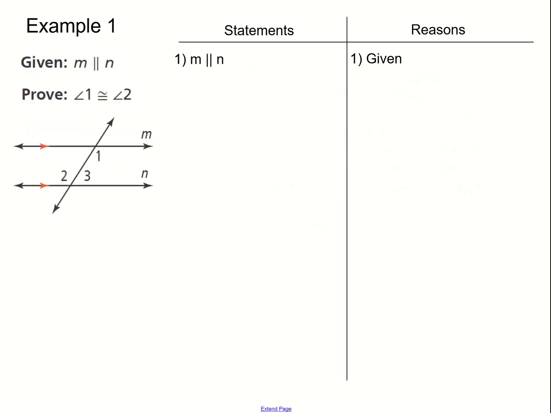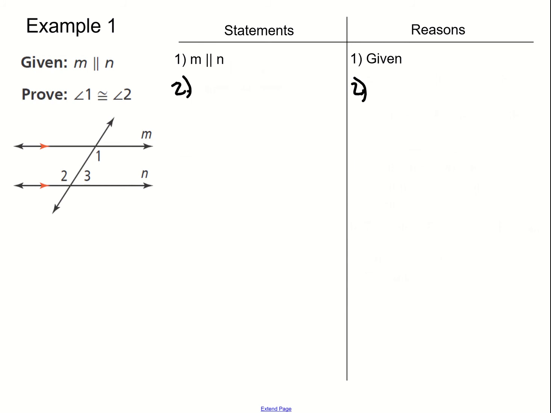All right, so we're going to do a 2-column proof for this. Remember that the given statement is number 1, and the reason is that it's given. It's what you do when you're doing a proof. Now for the second statement, we're going to be using the same side interior angles postulate.